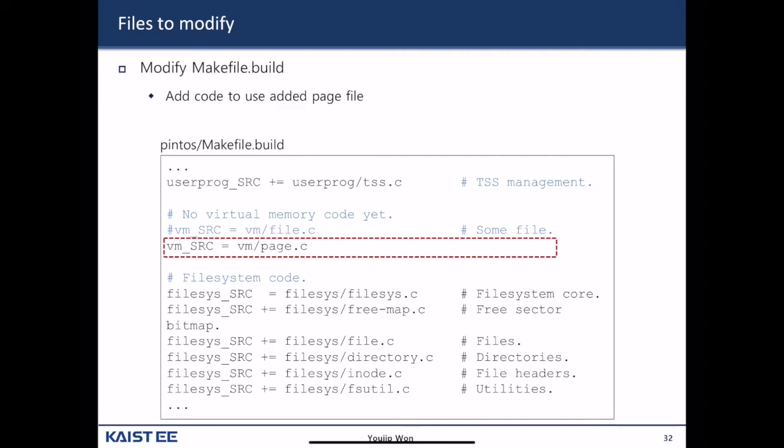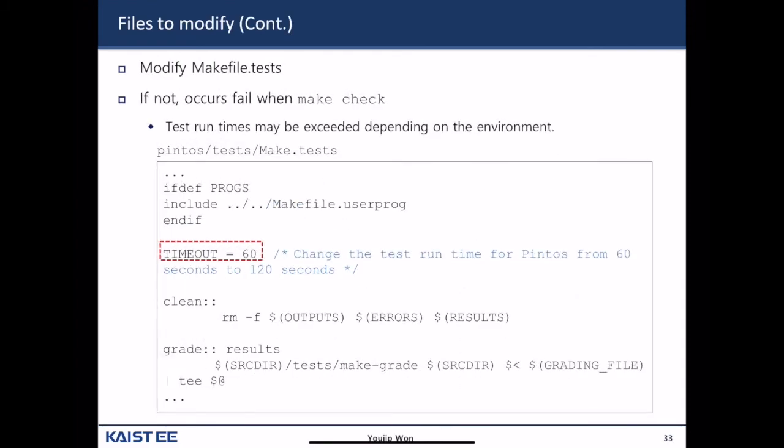And instead of modifying the existing file, you may want to create a new file, page.c, and put everything you have written into this C file. And then when running a test, the 60-second timeout may be too short. So you may want to increase it to 120 or 180 seconds or something.